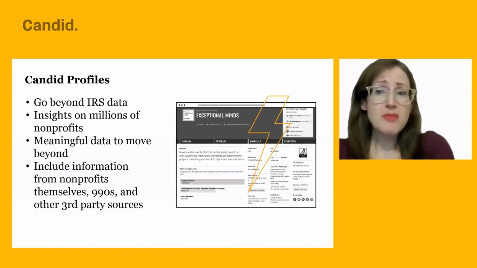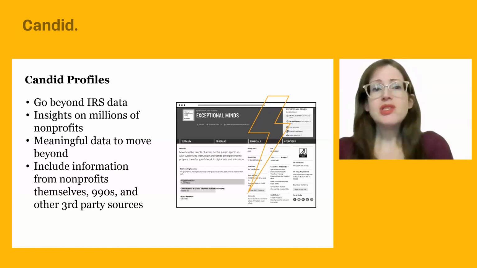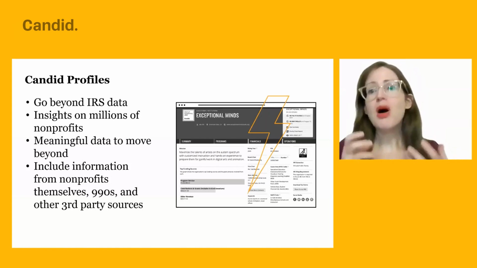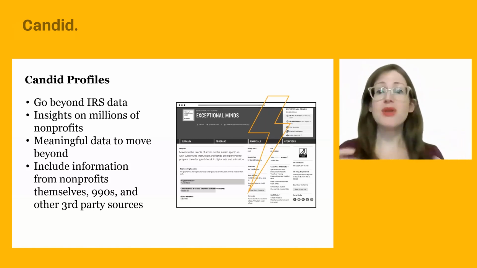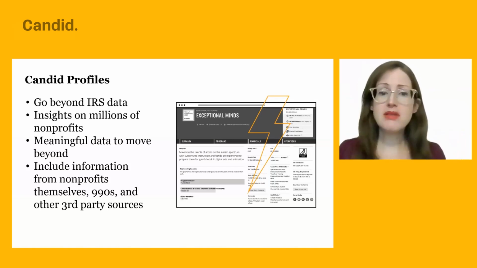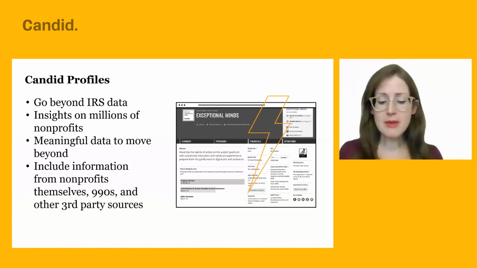There is a report that comes out every year called the Edelman Trust Barometer, and it displays the level of public trust that people have in various institutions, including nonprofits, businesses, government, media.